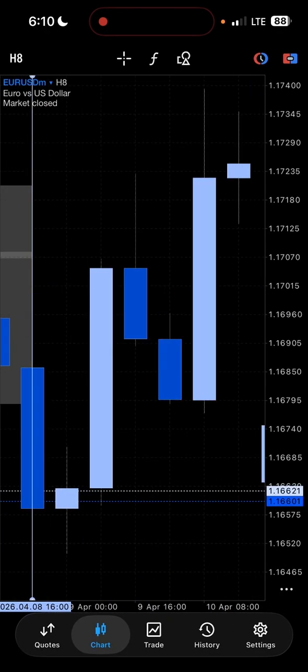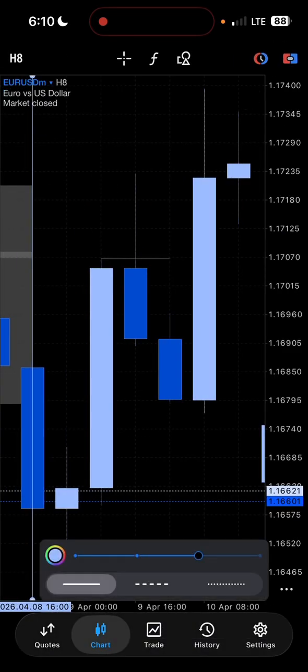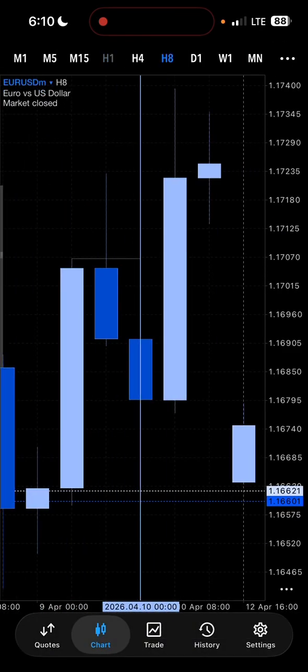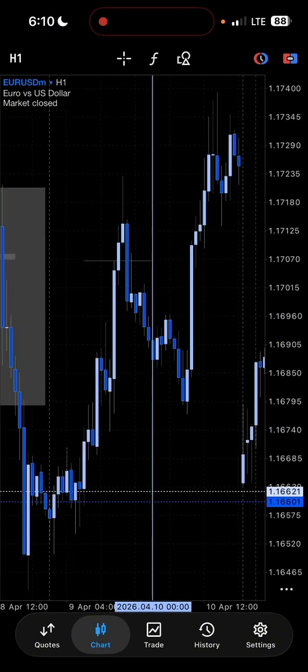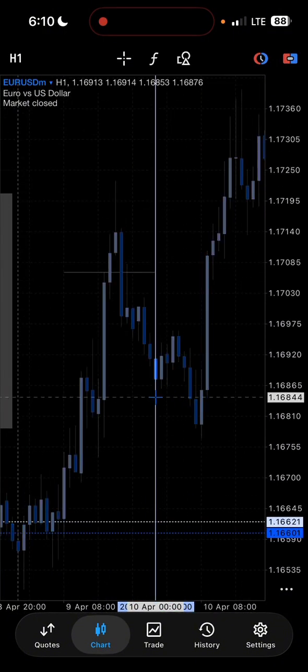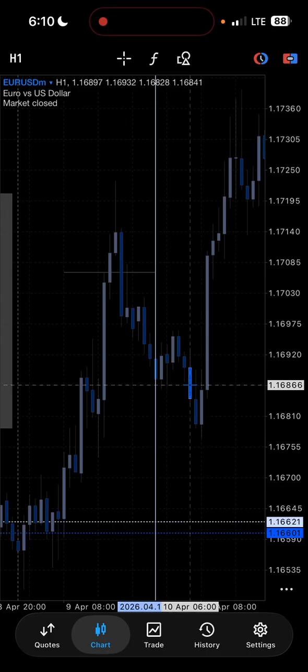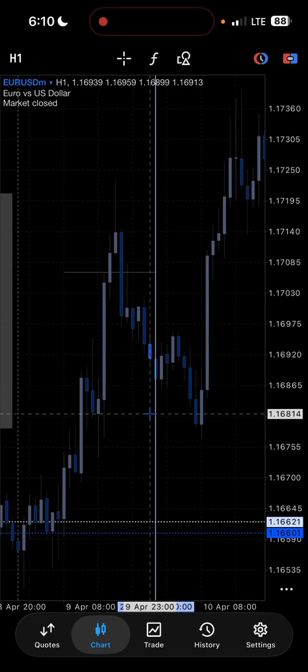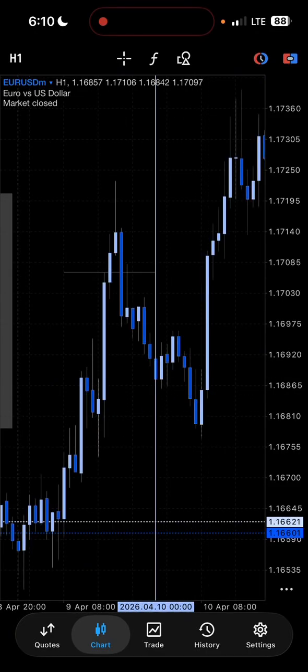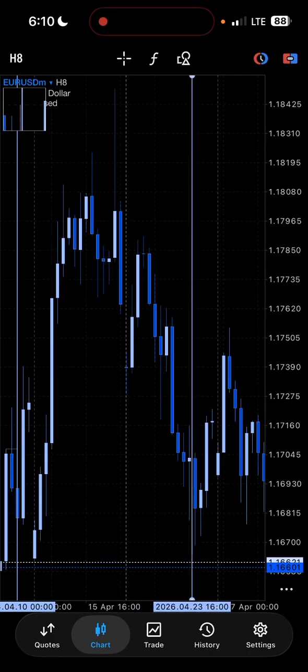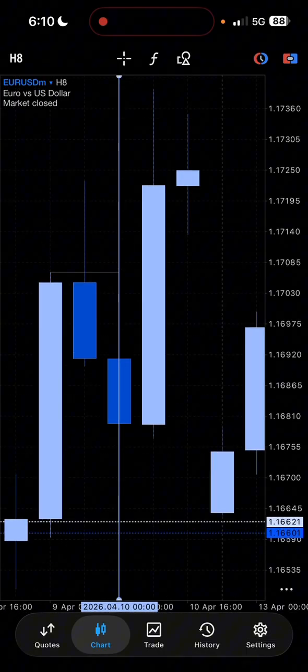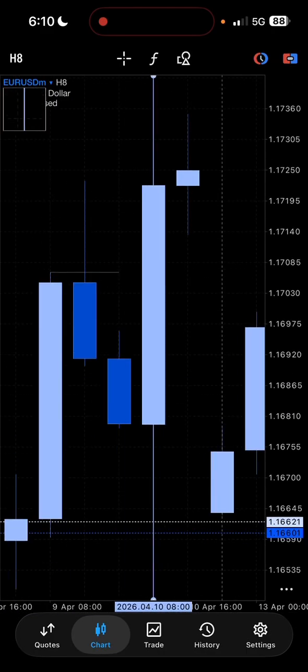So we come again, we still look for the same thing again. H1. 1, 2, 3, 4, 5, 6, 7, 8. The market broke here, but it's too late already because the next 8 hour candle has already been formed.